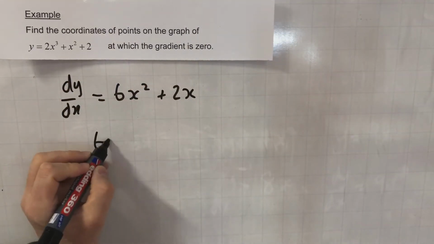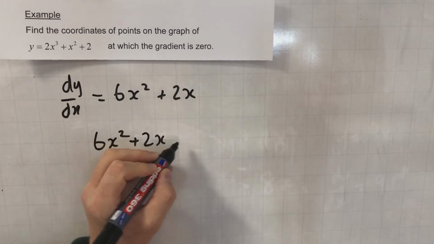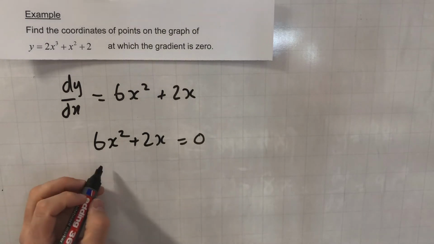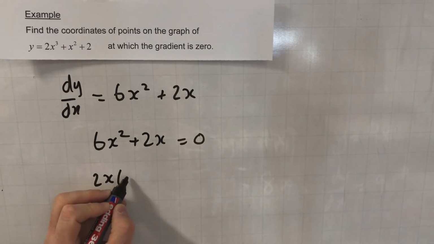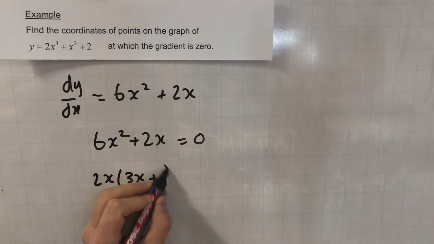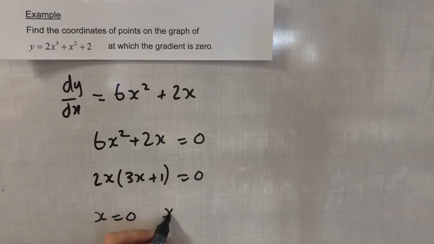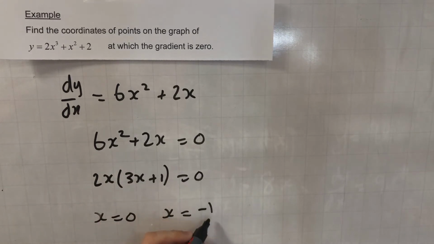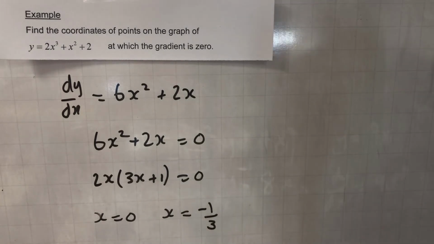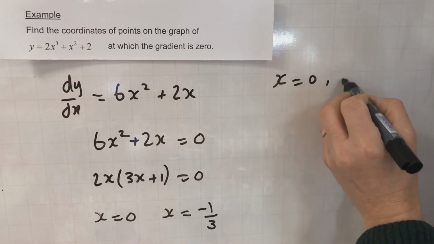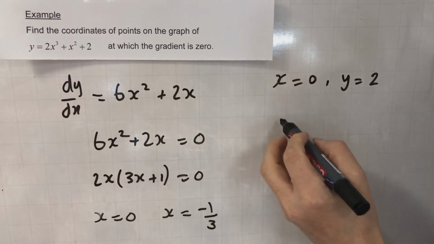So we want to know when is that equal to 0, which means we have to factorise. So take a 2 and an x outside of a bracket. And we can see that this is true when x equals nothing, but it's also true when x equals not minus 1, but minus 1 over 3. Now, if I was to put that back into the original, so when x equals 0, we can see that the y-coordinate works out to be 2.